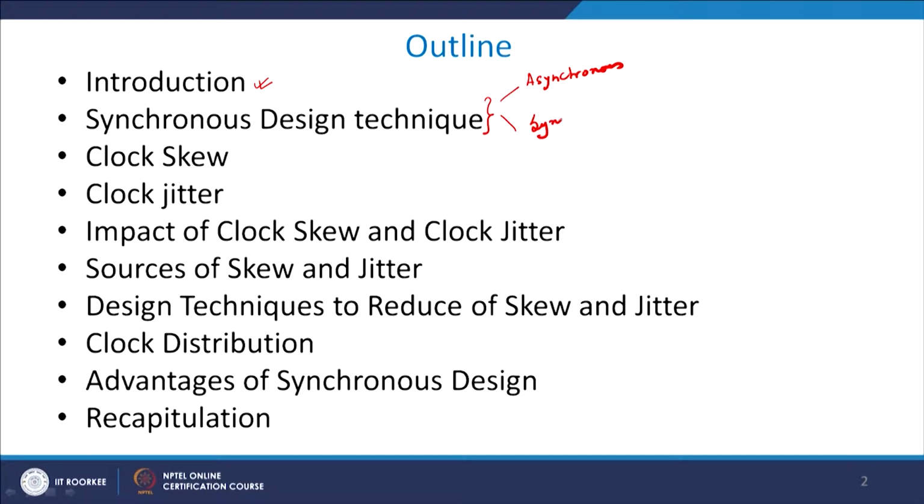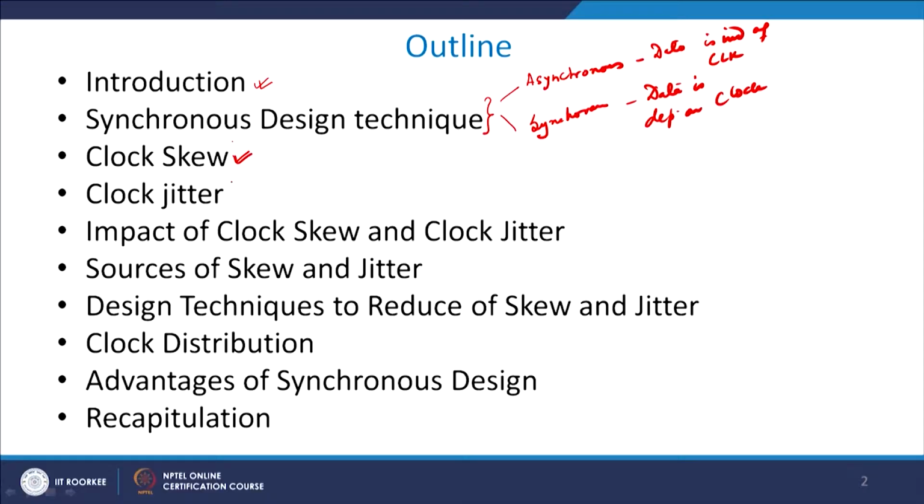Asynchronous is when the data is independent of the external clock, and when data is dependent on the clock, we define that as synchronous design. For asynchronous design, timing issues are not important, but for synchronous design, timing issues with respect to clocks are very important.